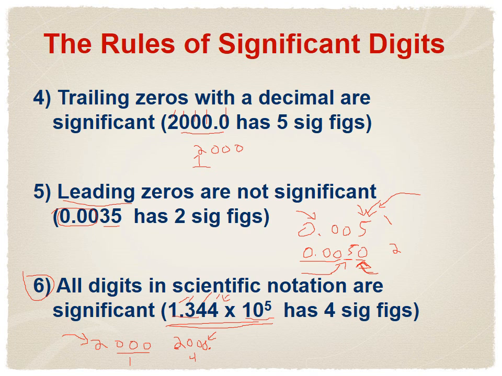Another way to make all these digits significant, if you wanted that, is to make it in scientific notation. So you put 2.000 times 10 to the power of 3. And so all of these now are considered significant digits.